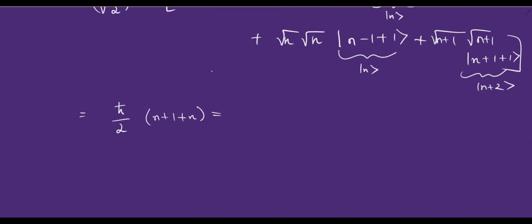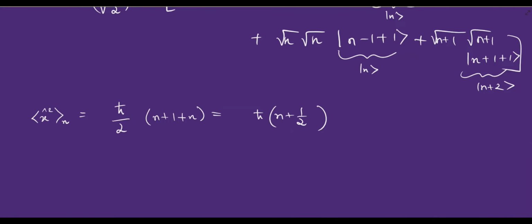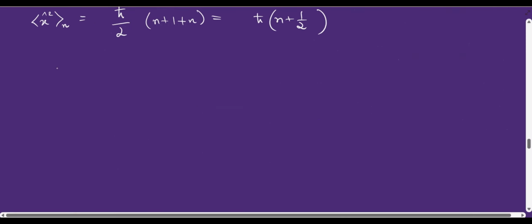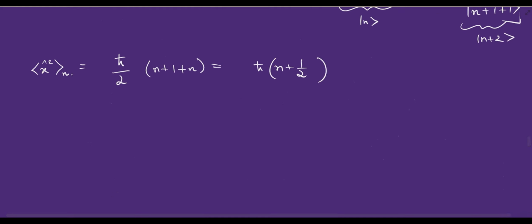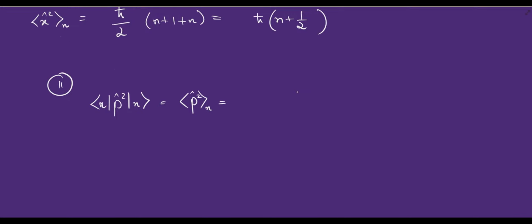So this is h bar into n plus half. This is what x cap square for the Fock state will look like: the expectation value of x cap square for the Fock state. Similarly, for p cap square, we will use the same procedure as above. I will again not derive it; I leave it to you to derive. And at the end of the day, we will get this also to be equal to h bar into n plus half.